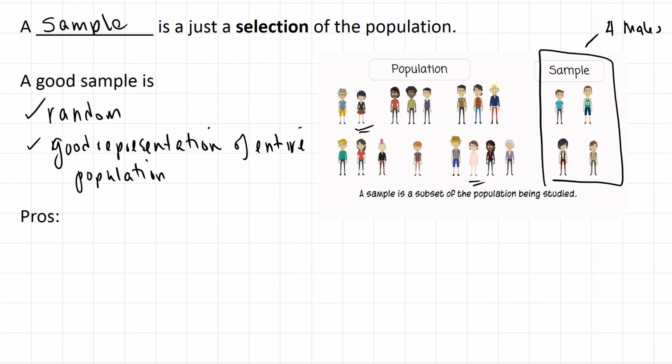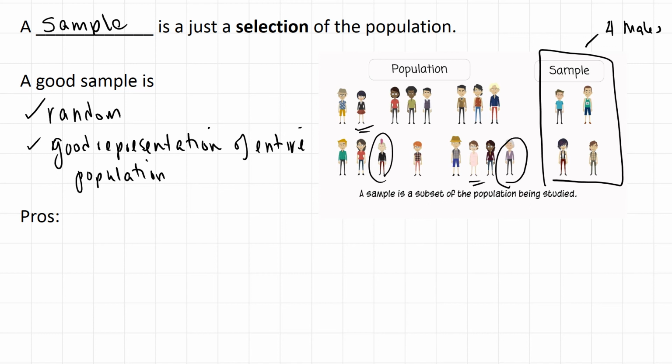There should be an equal mix of women and men, and there should also be all kinds of age groups because we've got older people in the group and we've got younger people in the group. So in my sample there should be a mix, just like there is a mix in the population. If you choose a good sample, it should be a good representation of the entire population.